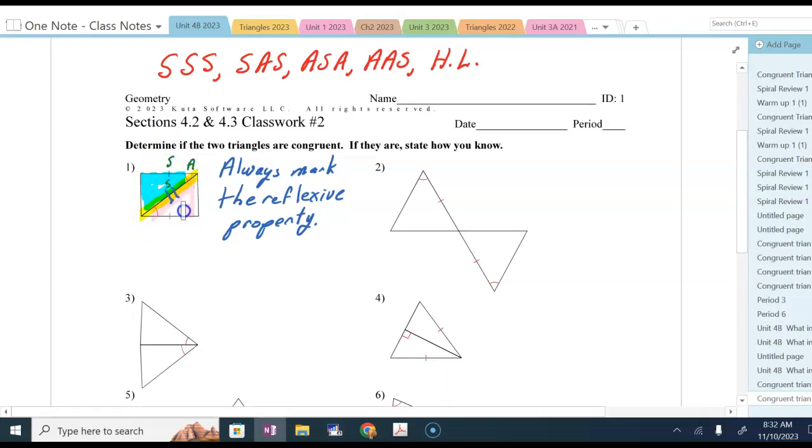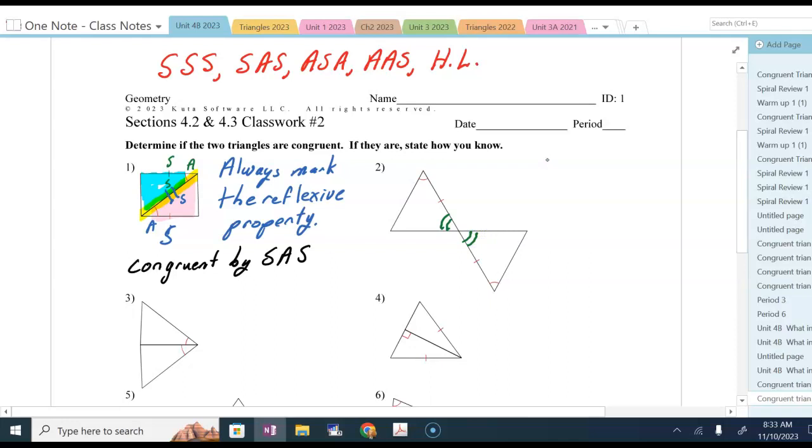And in the pink triangle, we have a side, an angle, and that same side we marked. So these are congruent by side, angle, side.